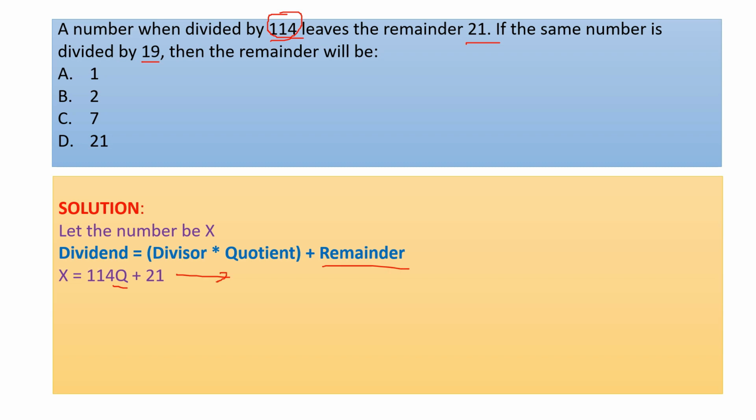This is equation 1. From the second statement, the dividend is x, the divisor is 19, and again I'm keeping q as it is, and we have to find the remainder r. This is the second equation.